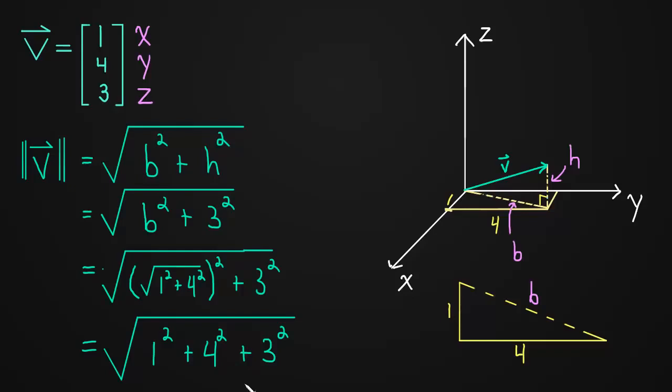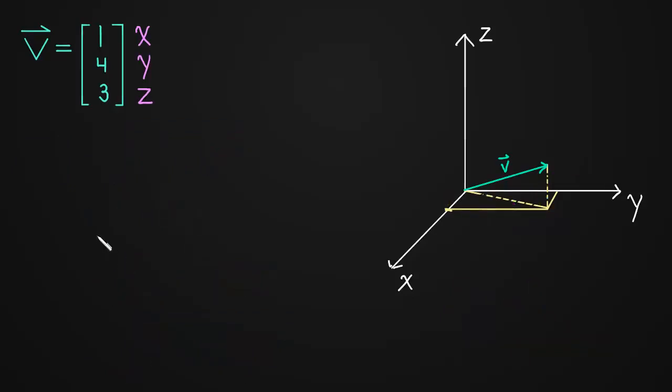Okay, let's do another example. Let's say we have u equal to, I don't know, 1, -6, 4. What is the length of u?